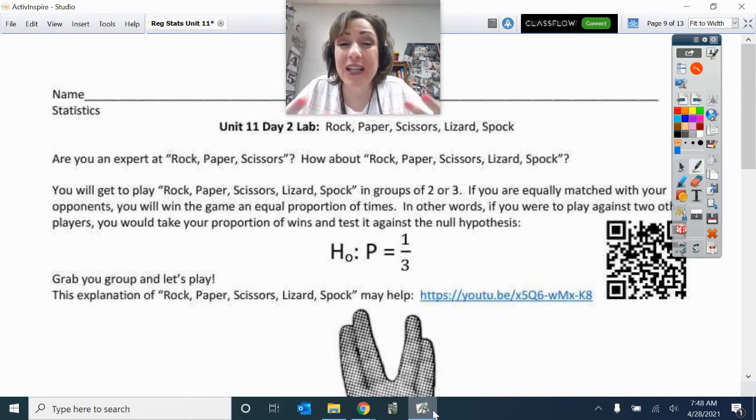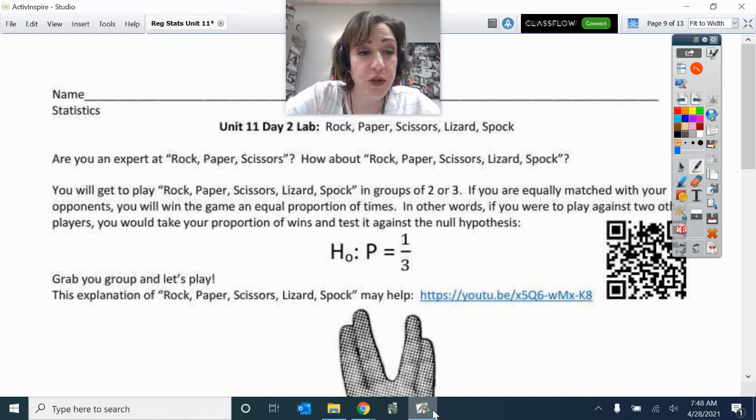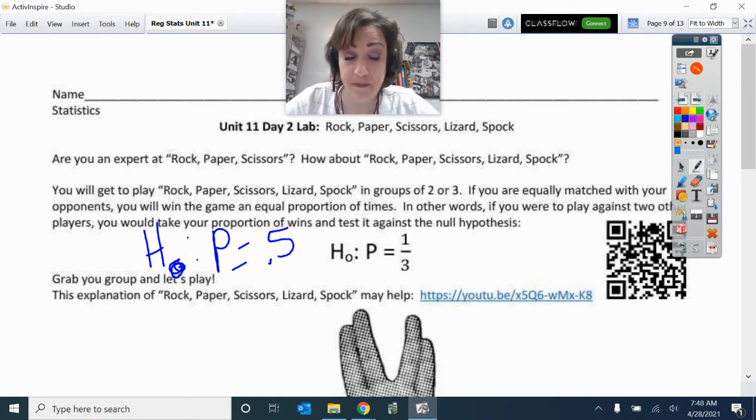Or pretty close to a third because of sampling variability. Now, of course, if you just play with one other person, then your null hypothesis would be 0.5. You expect to win 50% of the time.